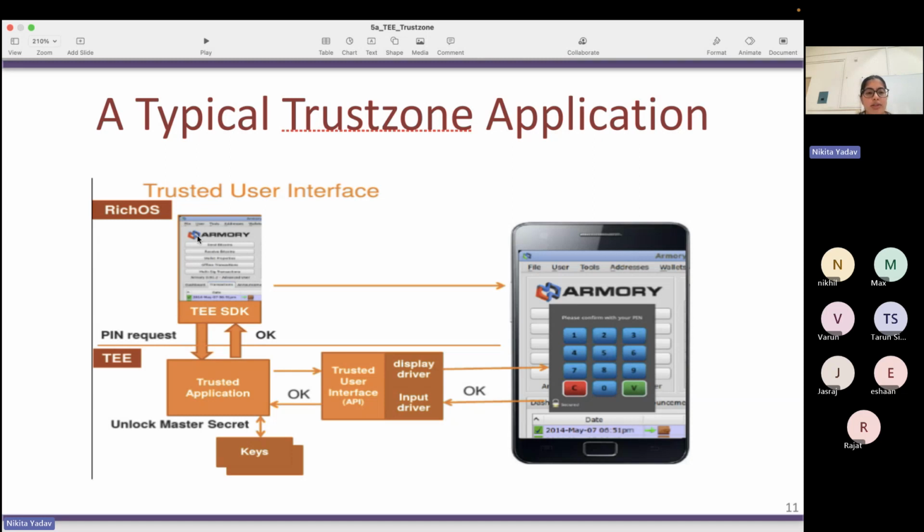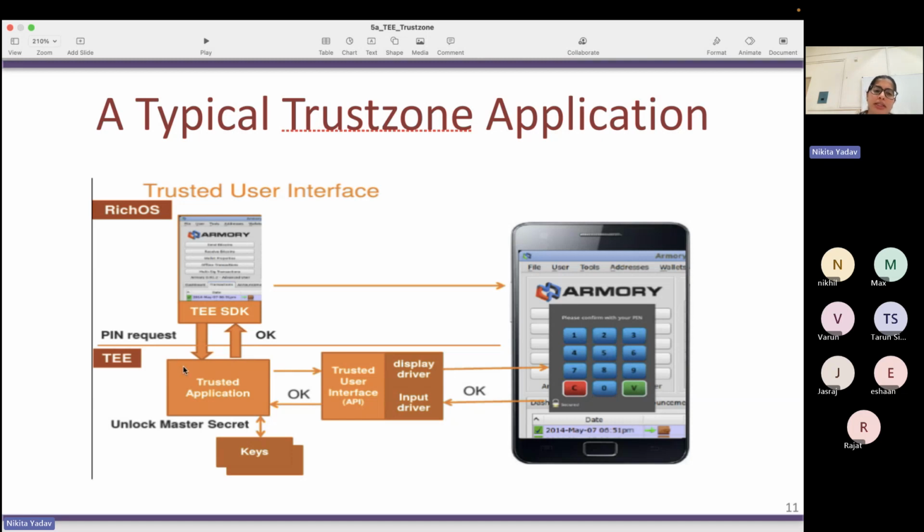In this particular example, let's say that this application is asking the user to enter a pin. So when you click on the button enter pin, the code is going to call the TEE SDK, and it is going to pass the control to the TEE.